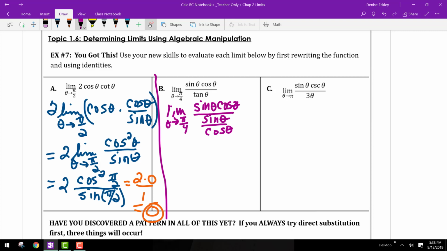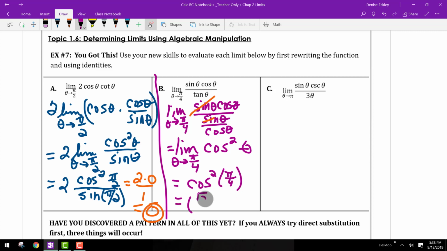And the sines will cancel, and simplifying this fraction, I get the limit as theta approaches pi over 4 of cosine squared theta. Now I can direct substitute, so I'm going to take cosine squared of pi over 4, which is going to give me square root of 2 over 2 squared, which will be 1/2.